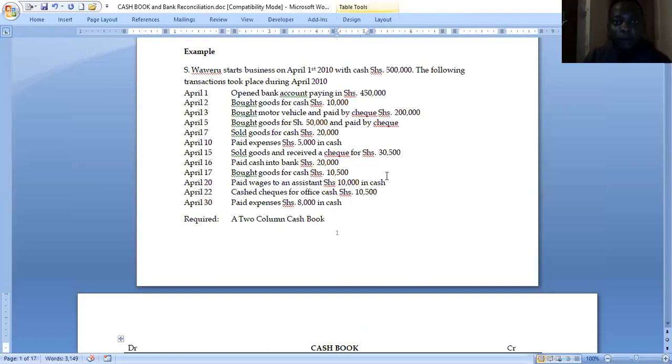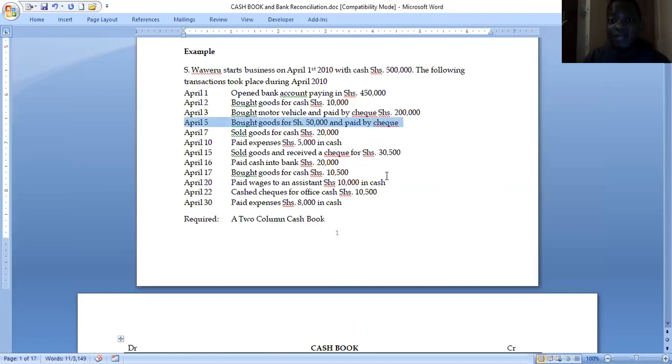Bought goods for 50,000 shillings and paid by check. So the two accounts here are purchases and bank. Purchases is an expense, bank is an asset. Purchases is going up, bank is going down. So for purchases being an expense that is going up, you're supposed to do what? Debit.